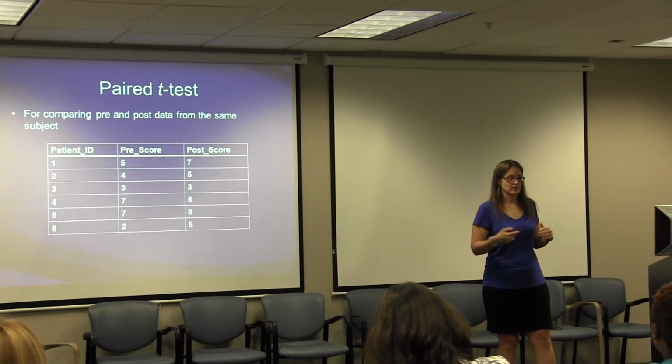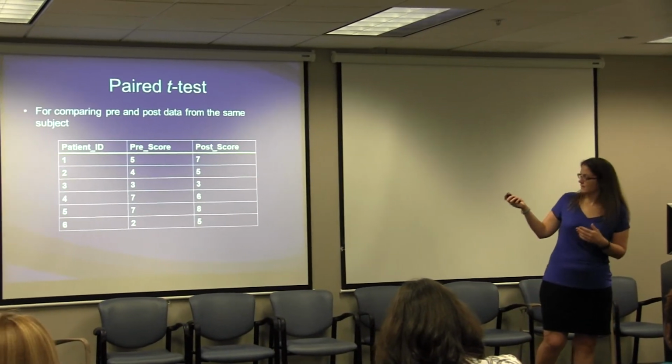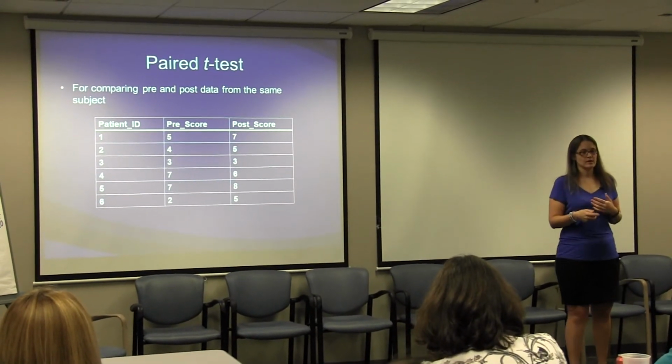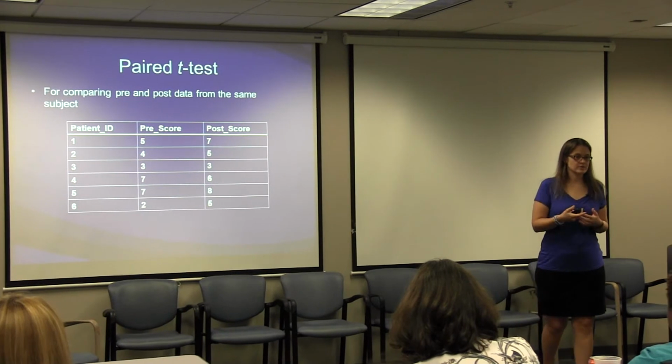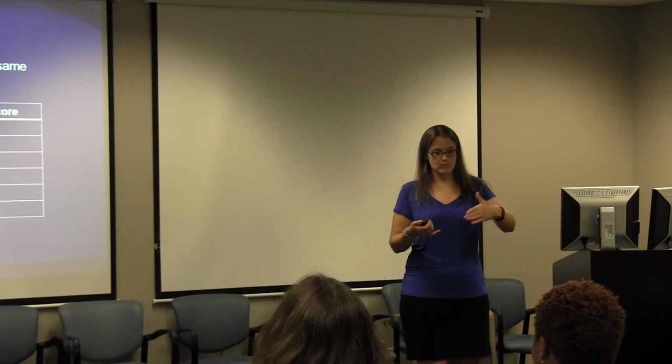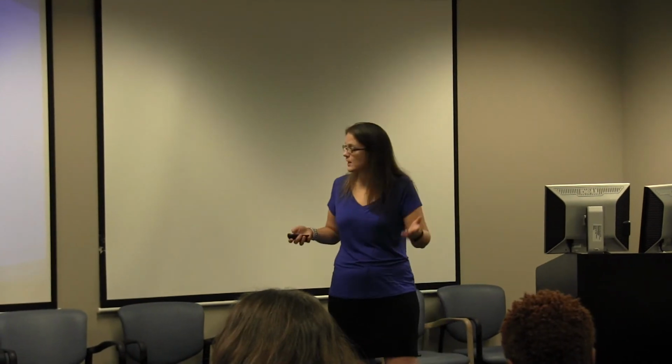So the math behind the paired t-test takes that into account, and that's why it's important to use it if you have data on someone at multiple time points or at 2 time points.